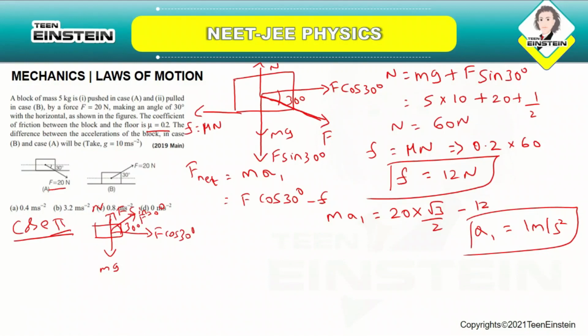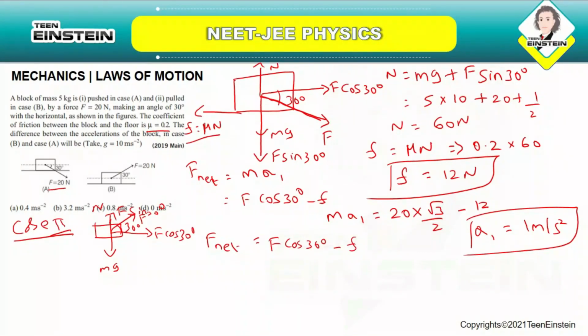So in this case it is being pulled. Again you can write the net force as F cos 30 degree minus f, so minus f is again minus mu N. Here you can see now f is equal to mu N.